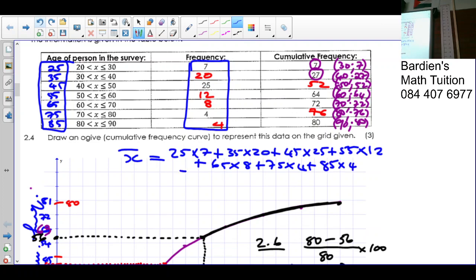And this is all over how many entries are here? All people? 80. And that's how you work out the mean of the distribution table.